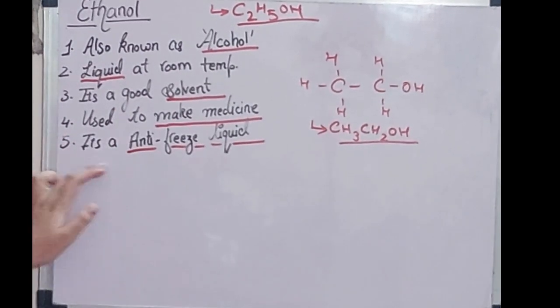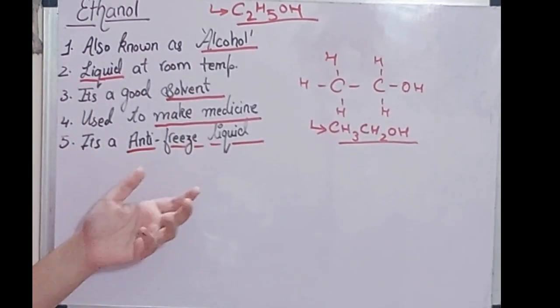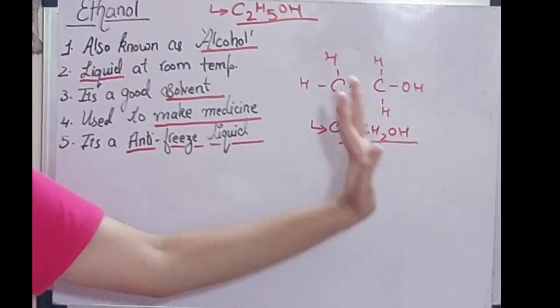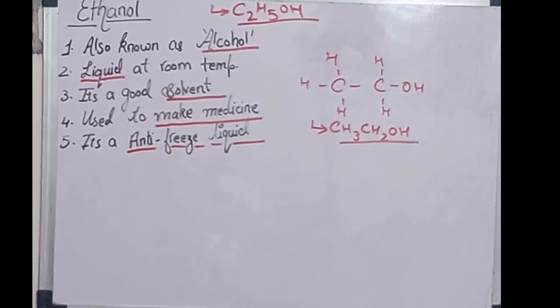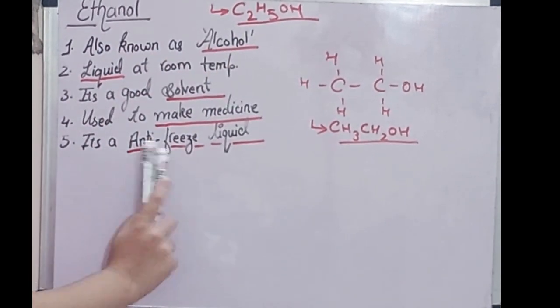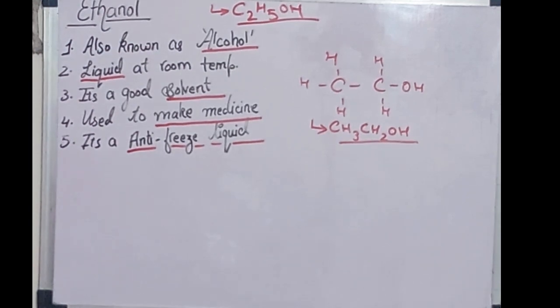Now you will ask why this point is written so briefly. That's because it's a very big difference between ethanol and ethanoic acid. It's an antifreeze liquid, whereas ethanoic acid is not an antifreeze liquid. We'll talk about it later, okay?